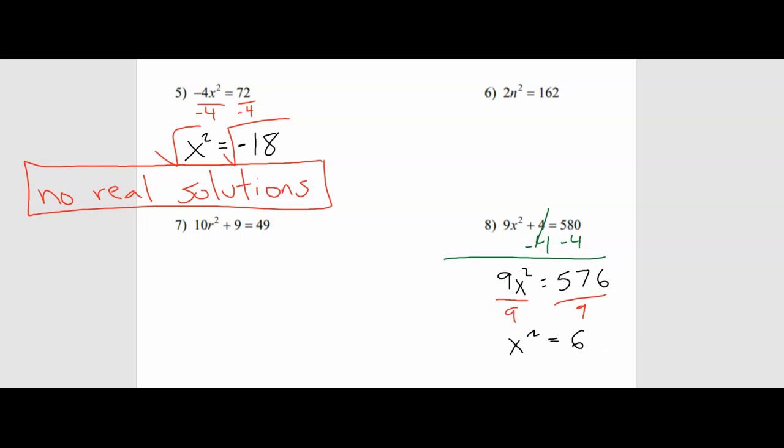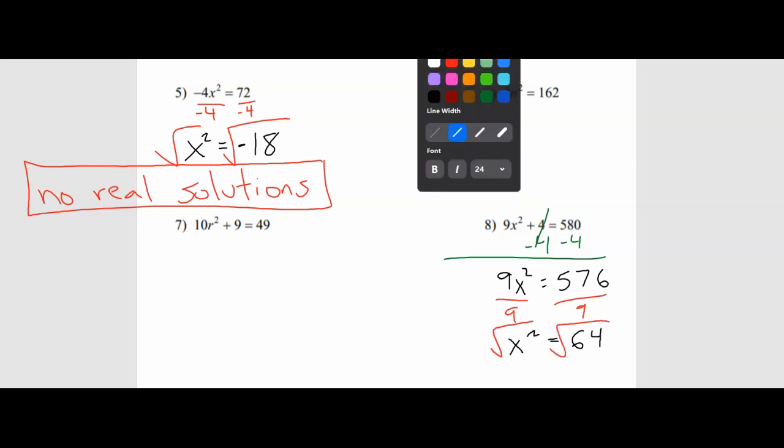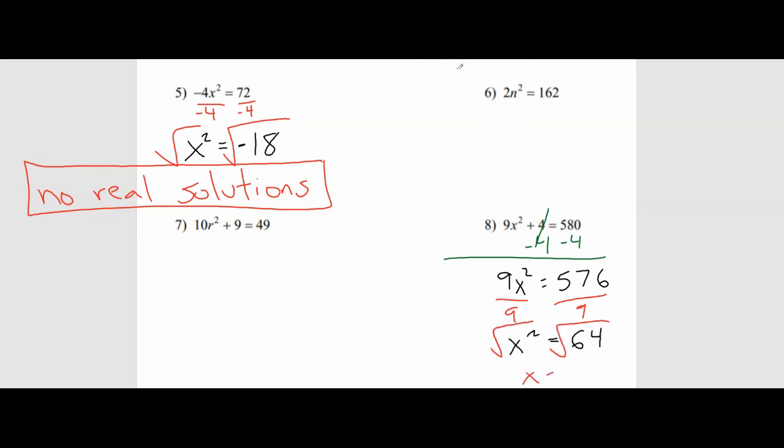Sometimes my mental math is not as good as I think it is. So x squared is equal to 64. If I take the square root of both sides, that's going to give me x is equal to plus or minus 8. So again, you can write it like this, or you can write it as x is equal to 8, or x is equal to -8. Both of those are solutions.